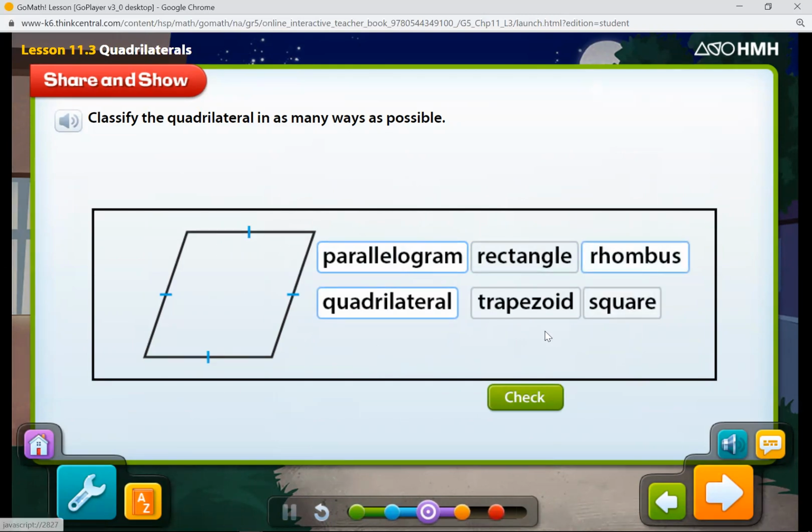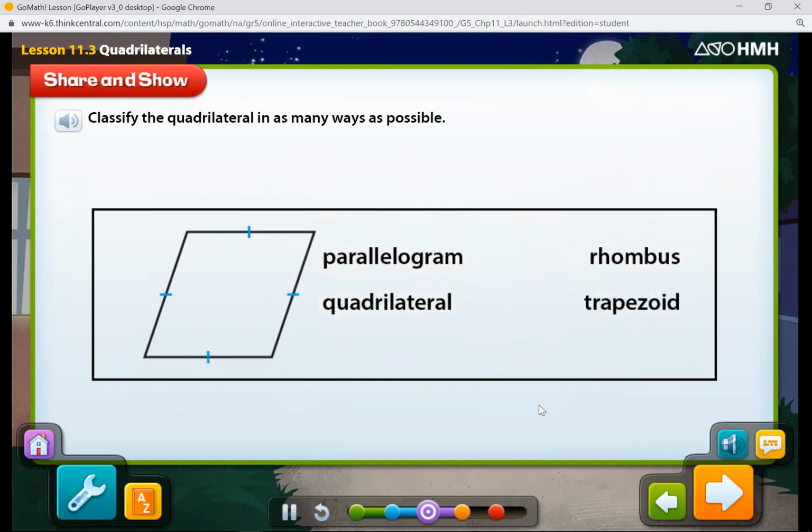Yes. Trapezoid. I wonder. Because we've seen one definition that says exactly. We saw another definition that says at least. Let's go for it. And square. Nope, not a square. Oh, we got it right. Good job. The shape can be classified as a quadrilateral, a trapezoid, a parallelogram, and a rhombus.